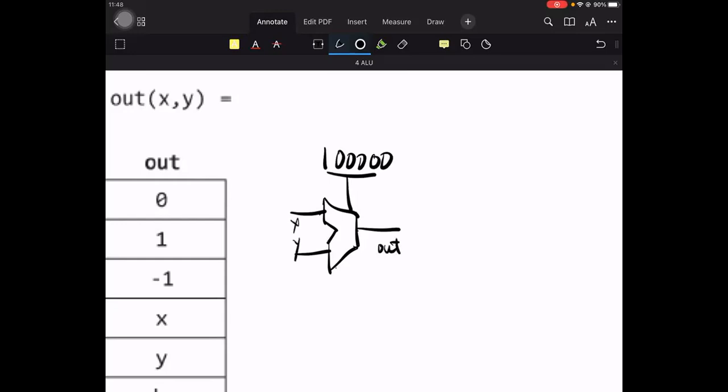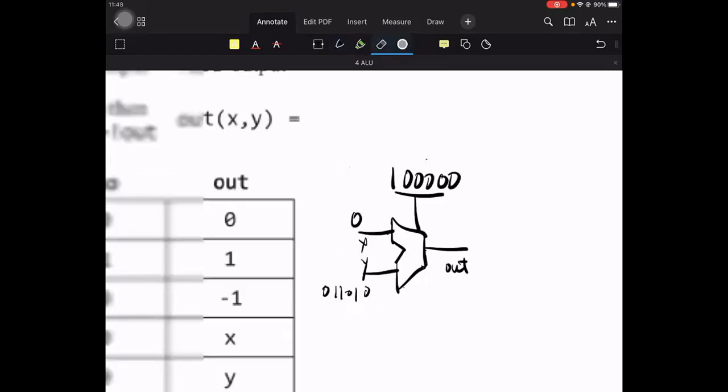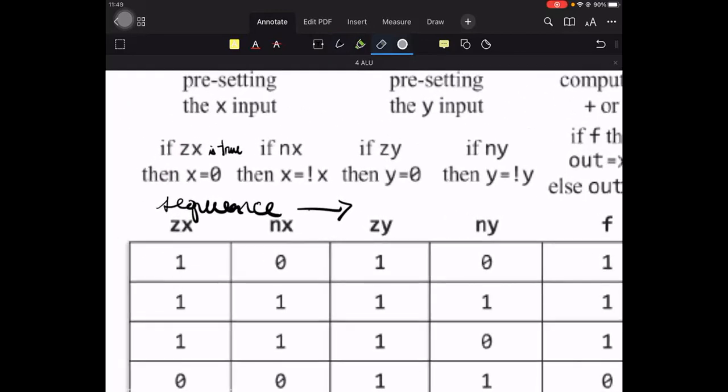If X is, let's say, an arbitrary value 1, 0, 1, 1, 0, 1, and Y is 0, 1, 1, 0, 1, 0, then if the ZX opcode input is 1, it converts the input from any arbitrary value into pure 0. Okay? So again, first column, if ZX is true, then X is equal to 0.